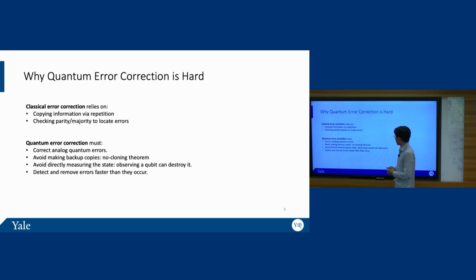And furthermore, because quantum errors occur at a much higher rate, you also have to detect and remove errors at a much higher rate. So these are the challenges that we face when we think about error correction in the quantum world. So can the qubits really be saved?